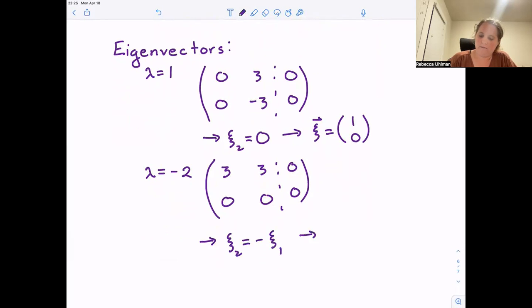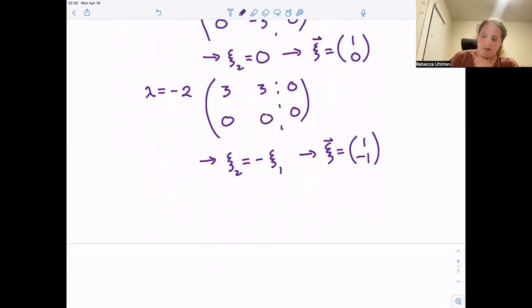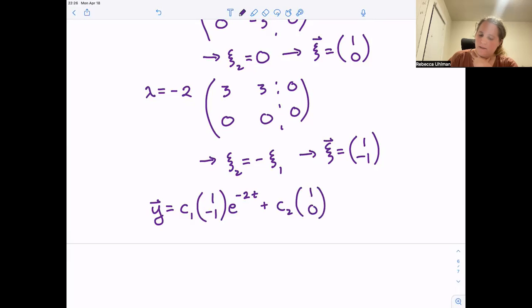And so we could pick our vector to be 1, -1. So we have y is equal to C1 times 1, -1, e to the -2t plus C2 times 1, 0, e to the t.